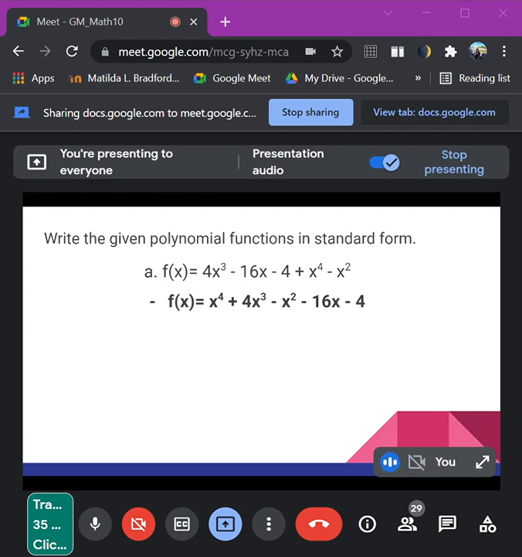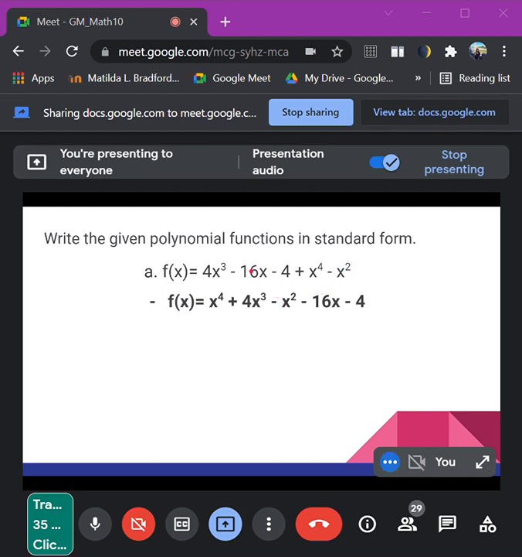you have to look at their signs. So kung unsa ang sign, mao sa nato ang i-move, mao sa nato ang dala. Like for example here, x raised to the power of 4, that is positive. So positive po siya. Here, 4x cubed, positive po ang sign. Then we have here negative x squared, so negative x squared.